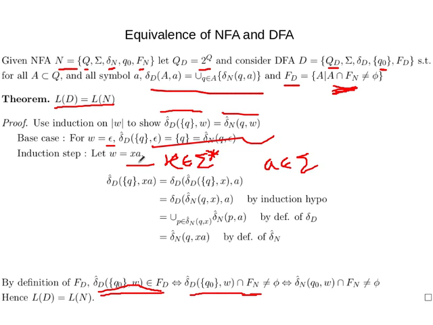If you do this, again, this is a fairly simple thing. Everything follows from the equations that we wrote. So this follows from the definition of delta hat for DFA. If you see the definition of delta hat for DFA, this equality follows from there. This is exactly how we define these things.